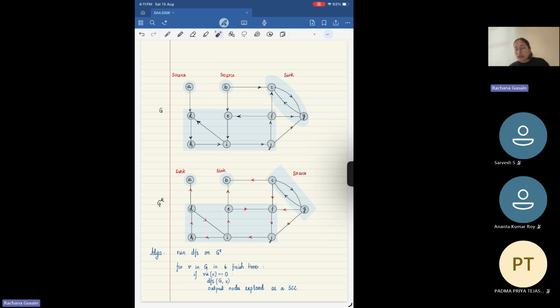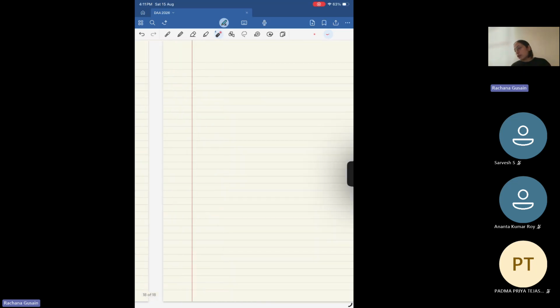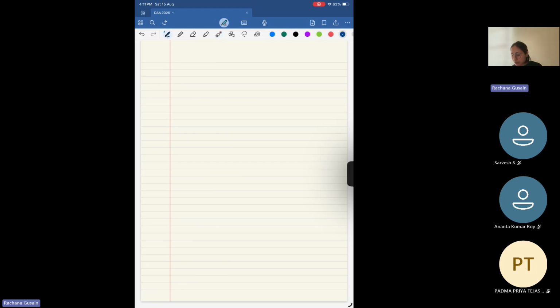Now let's look at the other problem. We will have an undirected graph, and let's say it is connected. What I want is something called an articulation point. I'll explain what the problem is and what an articulation point is in a graph. Let me first write the problem statement.